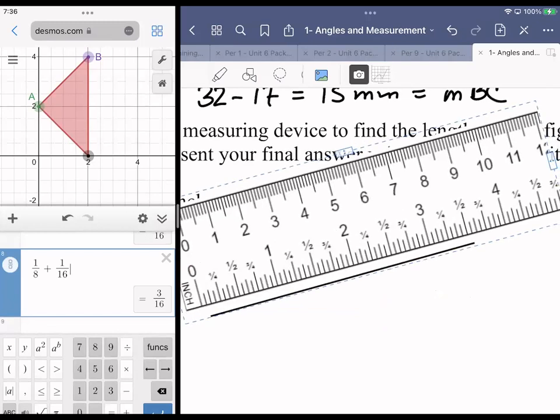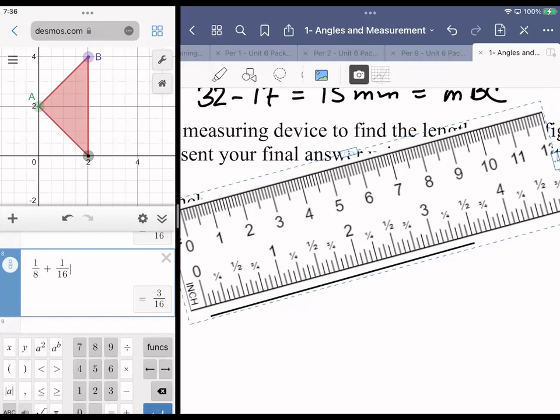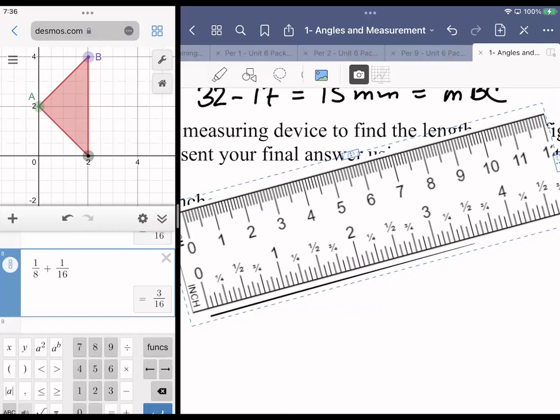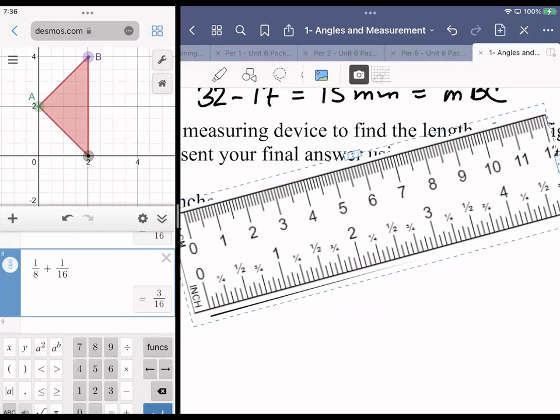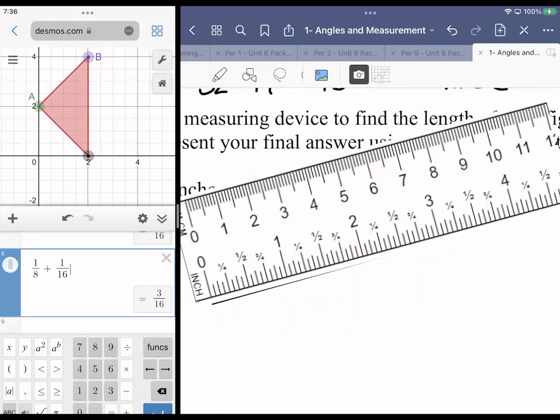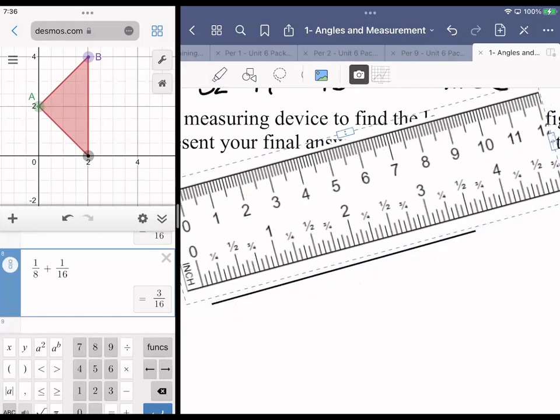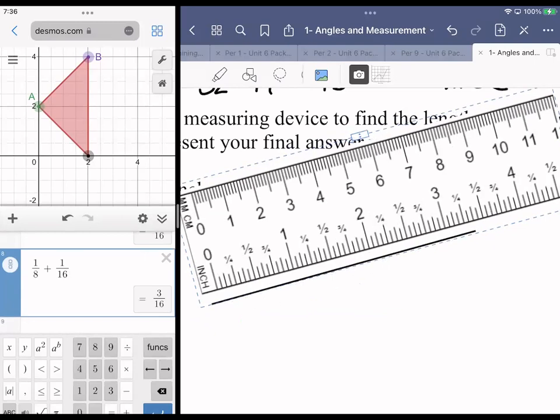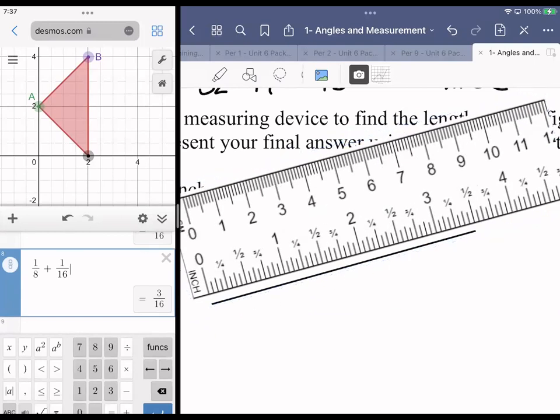It's almost there, kind of close. There we go. But then you'd actually leave the ruler. My orientation is a little off, so I'm just fixing it a little bit. There we go.